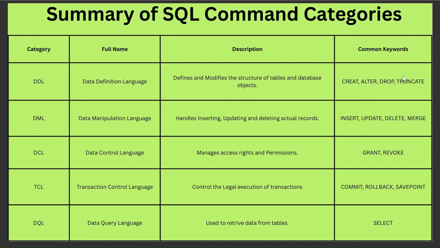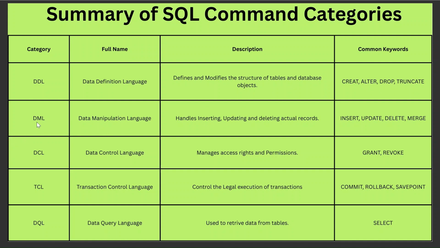And truncate, if you want to just remove the records of the table, that one we normally use truncate. So data definition language majorly defines and modifies the structure of tables, like creating, altering, dropping a table, and deleting the records of a table.